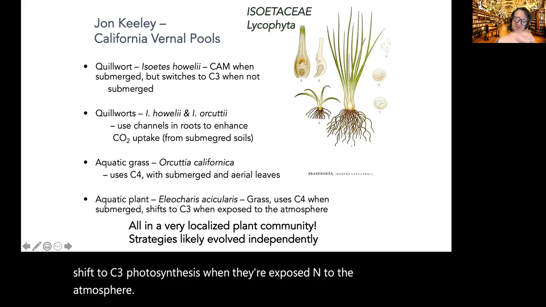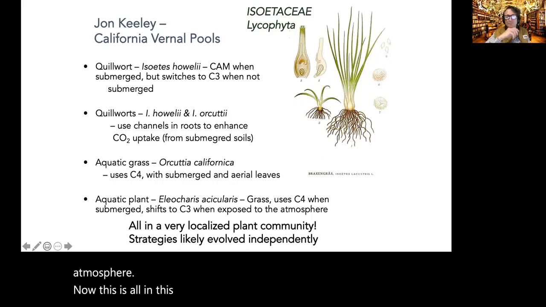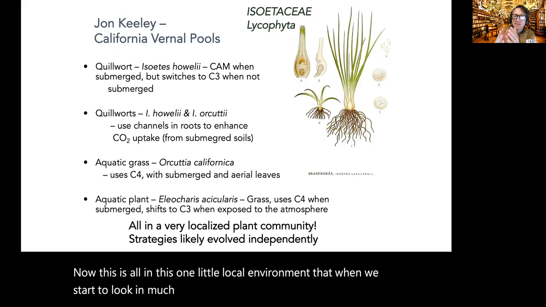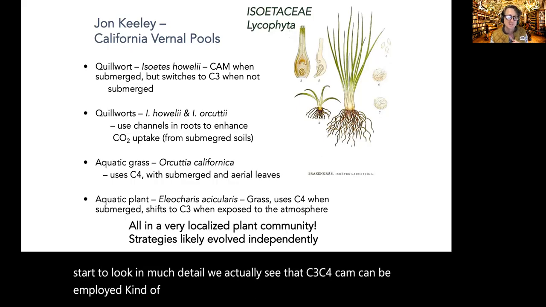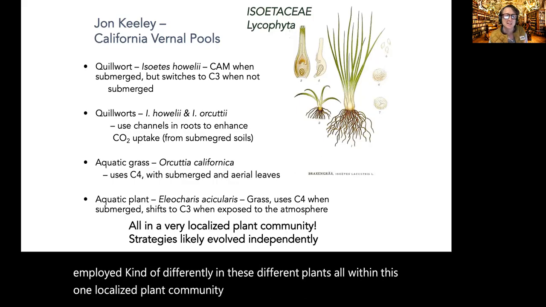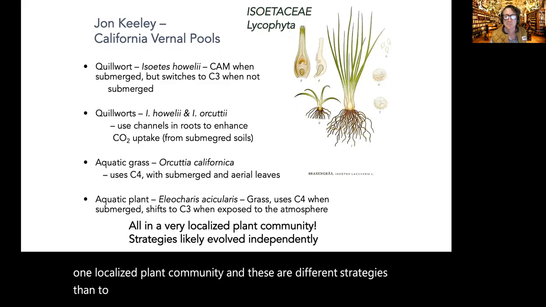Now, this is all in this one little local environment, and when we look in more detail, we see that C3, C4, and CAM can be employed differently in these different plants, all within this one localized plant community.